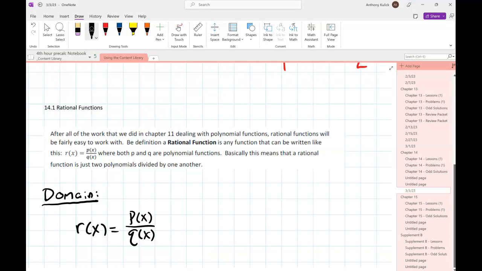Think back to elementary school. When we divide by 0. Yeah, that's right. So, to find the domain, we're going to have all real numbers except for the x's when the denominator is equal to 0.